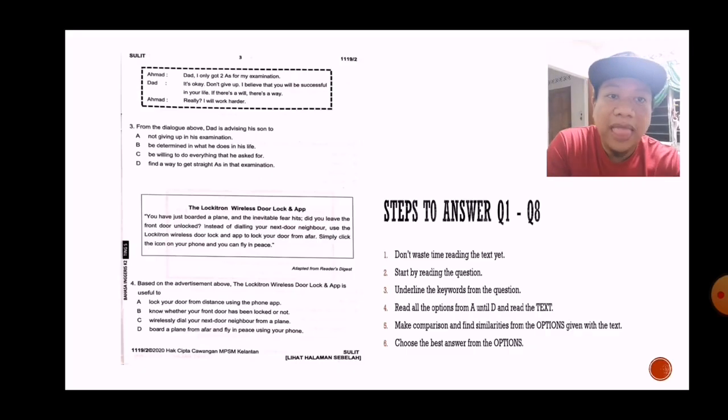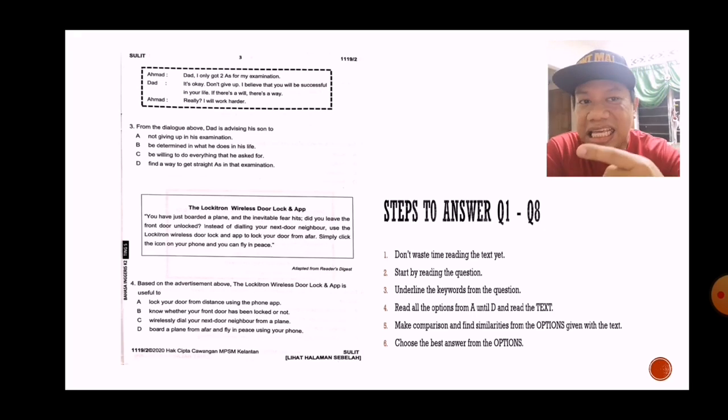Line number 3 is afar. Afar means jauh. So distance also means jauh. That is why the answer is obviously A. Alright, A. That is the answer. Alright. So next we move on to question 5.